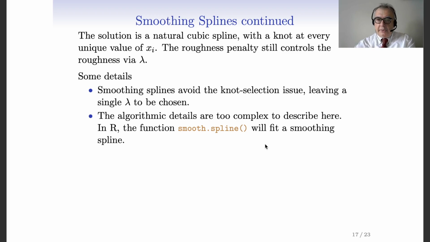We are not going into the algorithmic details, although they are not really so terribly complicated. Indeed, it can be shown that the numerical computation of the smoothing splines amounts to the solution of a system of linear equations.